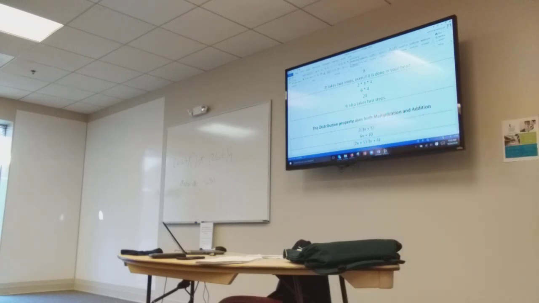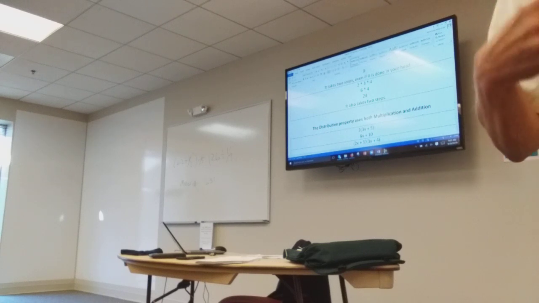This one says 2 times 3x. Get an answer, then add 5. This one says 2 times the 3x and 2 times the 5, the distributive property.